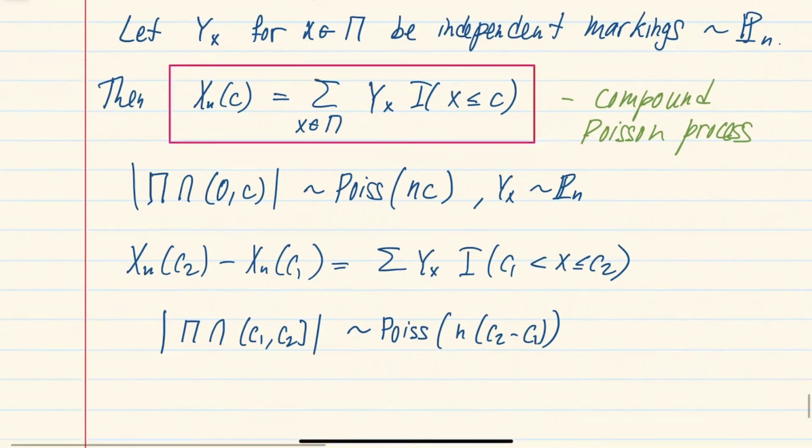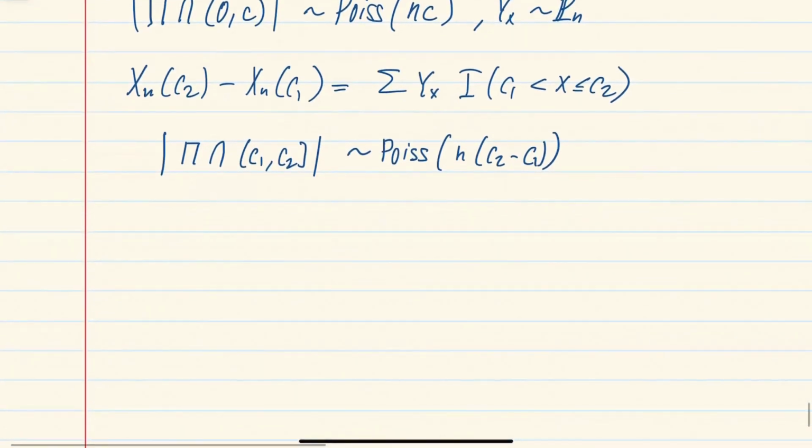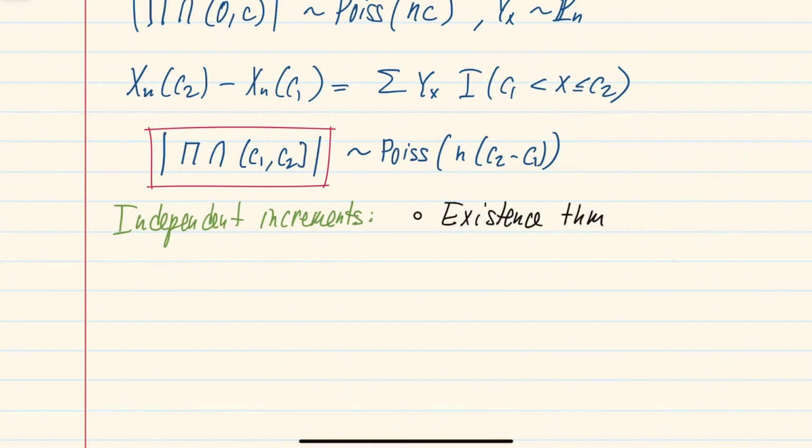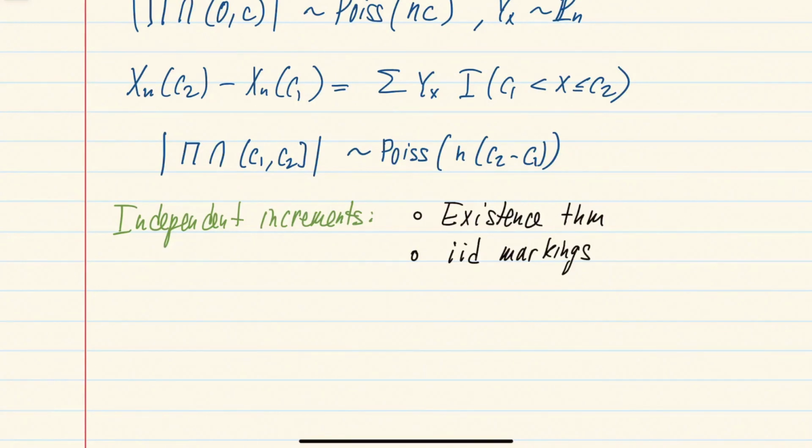And so as a result, we get independent increments. Because by this existence theorem for Poisson processes, these cardinalities are independent over disjoint intervals. And of course, the markings that we chose are also independent, which means that these increments over disjoint intervals are independent.